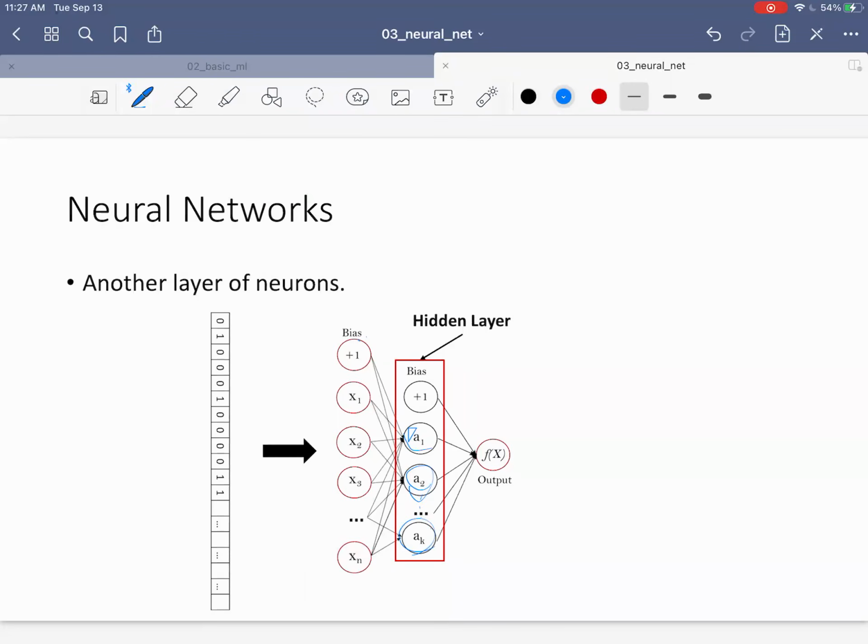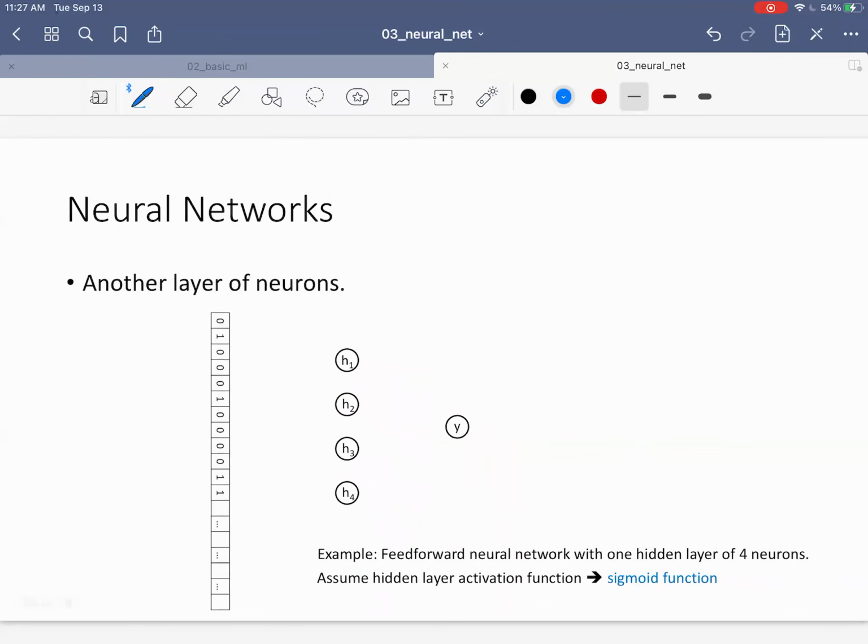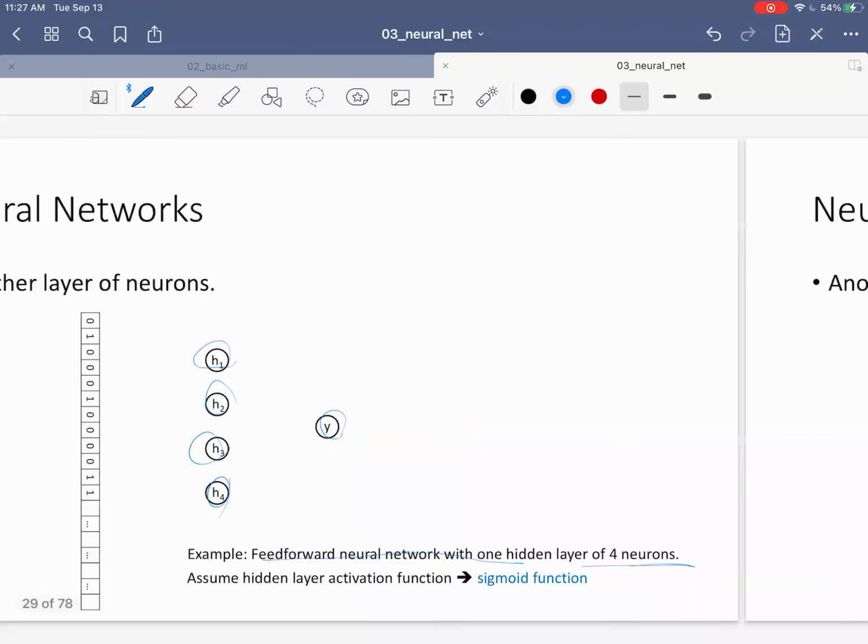So there are way more connections. Let's assume that there are only 4 hidden neurons in your hidden layer, so it's just an example of a neural network with 1 hidden layer of 4 neurons. And let's assume that all the hidden layer activation functions are sigmoid functions. The output should also be a sigmoid function because we're trying to do binary classification.